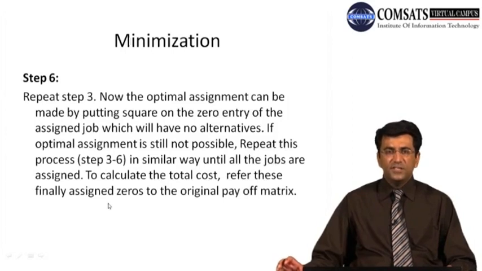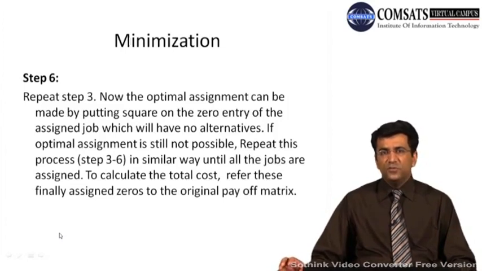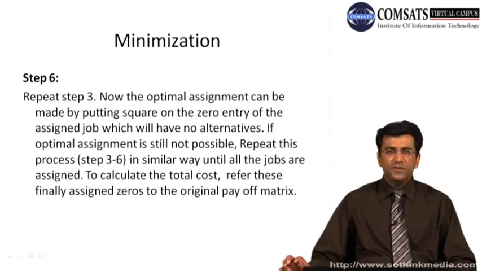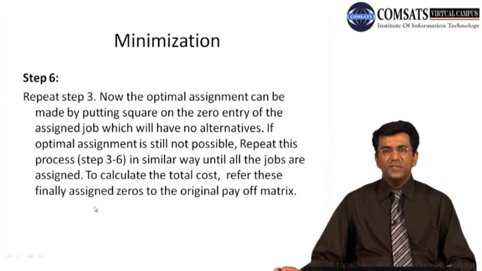So this final matrix or table will guide you on how to assign the different jobs to the different people, and what the total cost of the assignments is, and we have to refer to our original table in which the cost from the different people to the different tasks is given. We have to refer to that table to find the total cost. So students, these are the different steps which we have to follow for solving problems related to the assignment method.